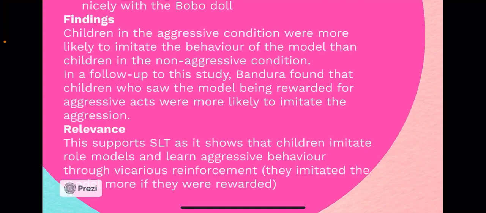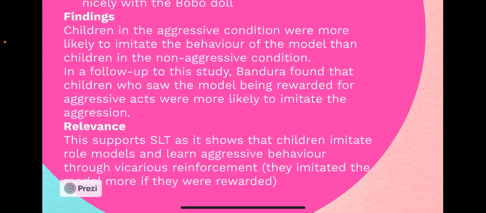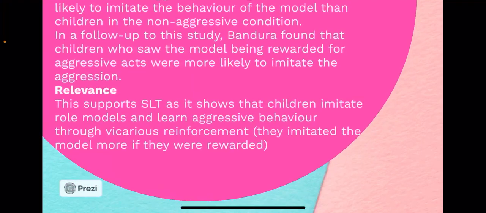In a follow-up to this study, Bandura found that children who saw the model being rewarded for aggressive acts were more likely to imitate the aggression. This supports social learning theory, as it shows that children imitate role models and learn aggressive behaviour through vicarious reinforcement. They imitated the model more if they were rewarded.